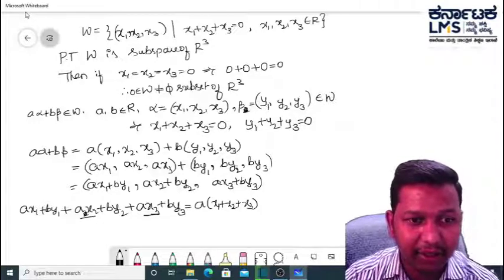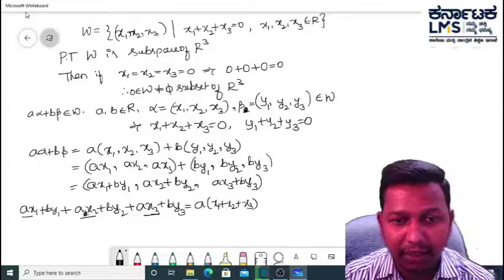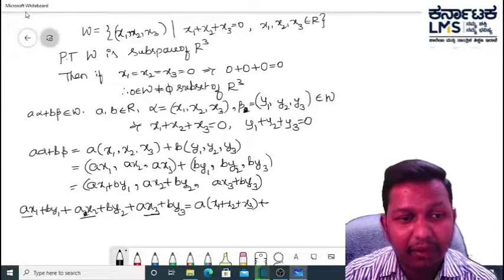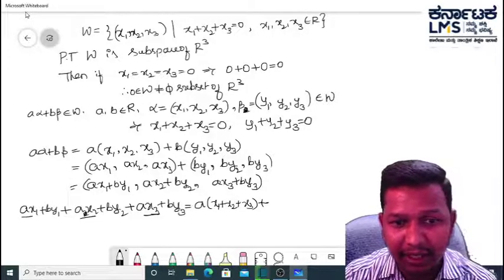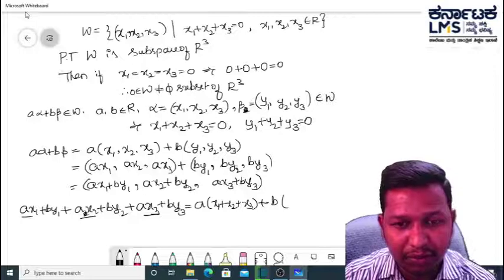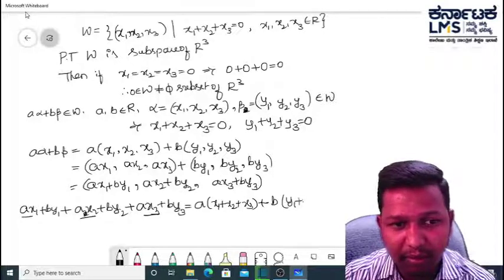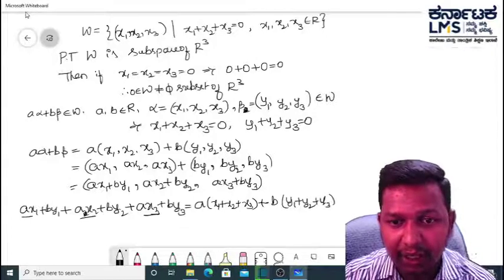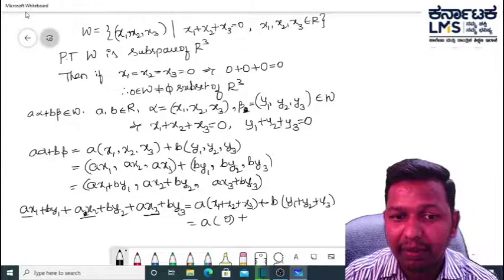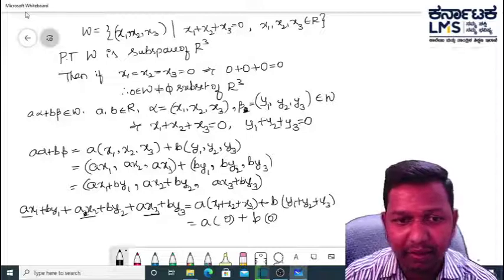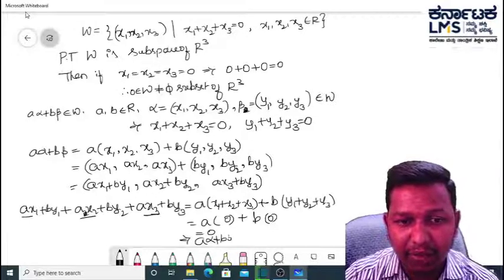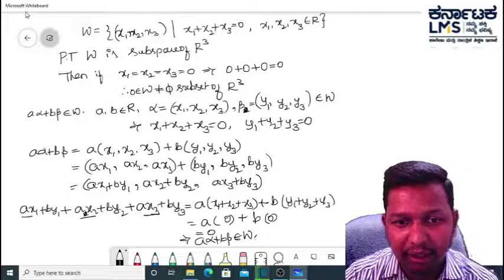So if we sum these three terms and take the common factor, we get a times x1 plus x2 plus x3 plus b times y1 plus y2 plus y3, which is equal to a into this value, which is 0, plus b into this value, which is 0, which is equal to 0, which implies that a alpha plus b beta is an element of W.